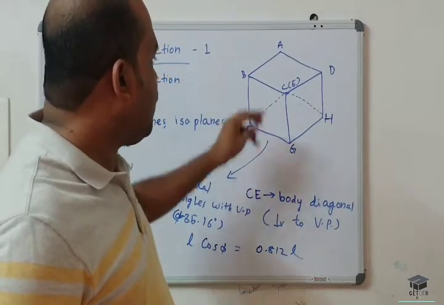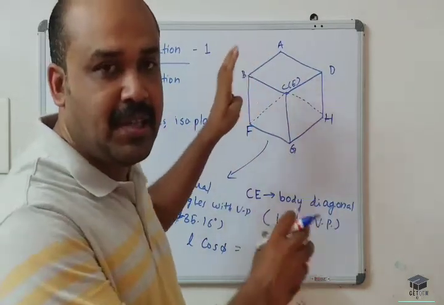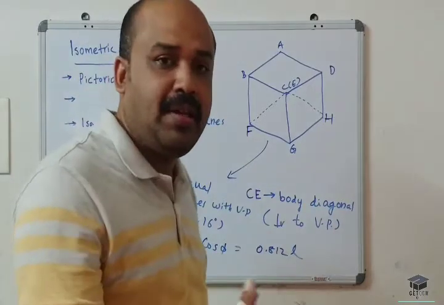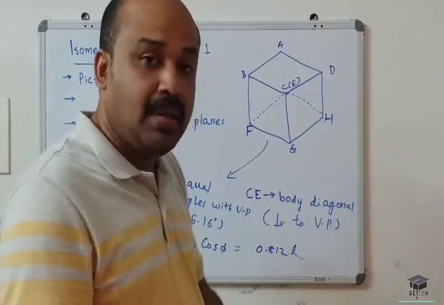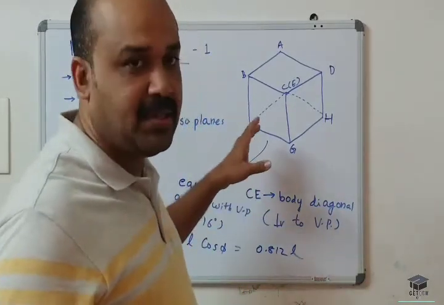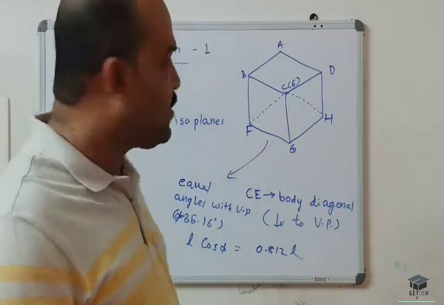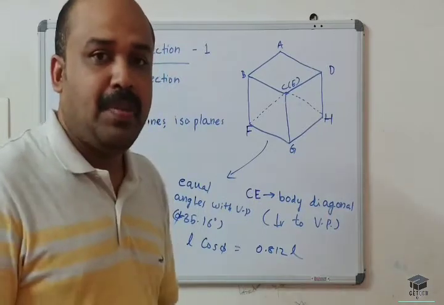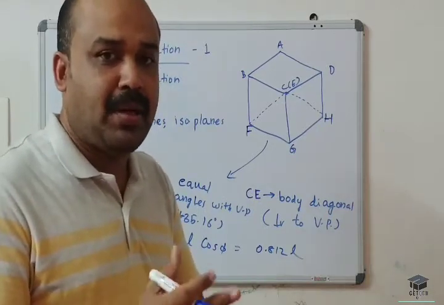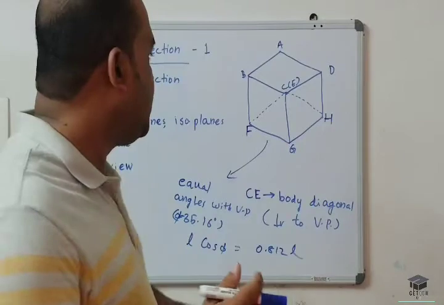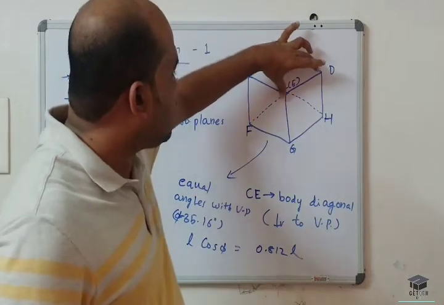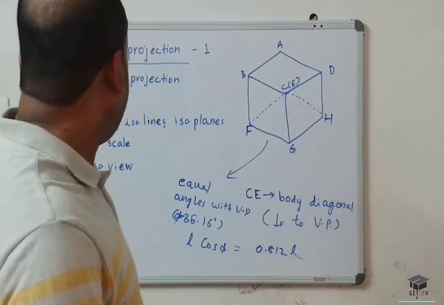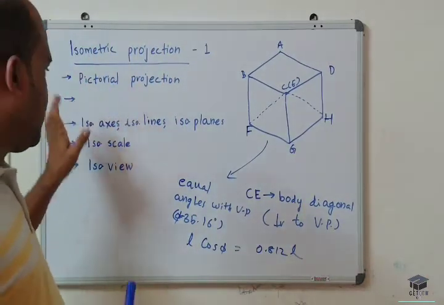If you take this as a reference object, we can draw any object, and that method is called isometric projection. Why is it called isometric? Iso means equal, as in isobar or isothermal. Here, since all the edges are equally reduced, it is called isometric.